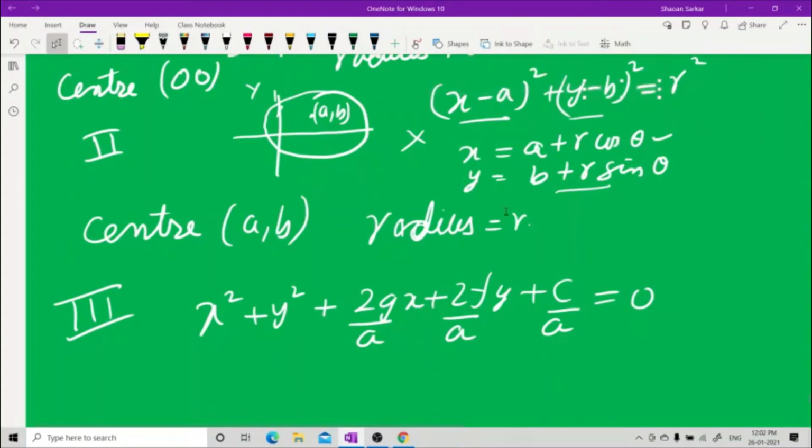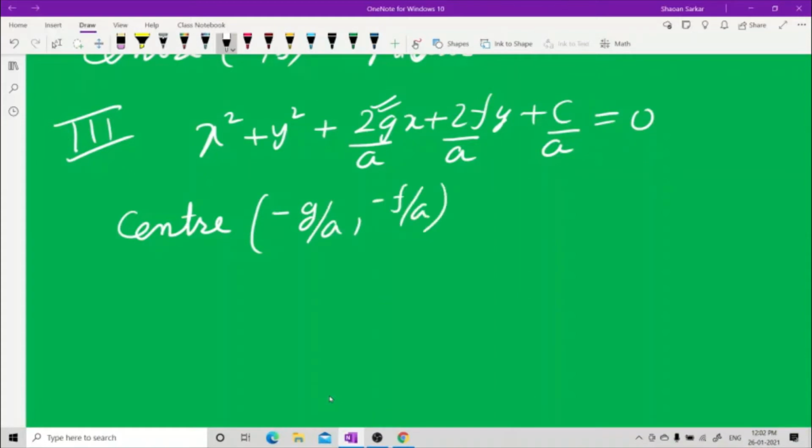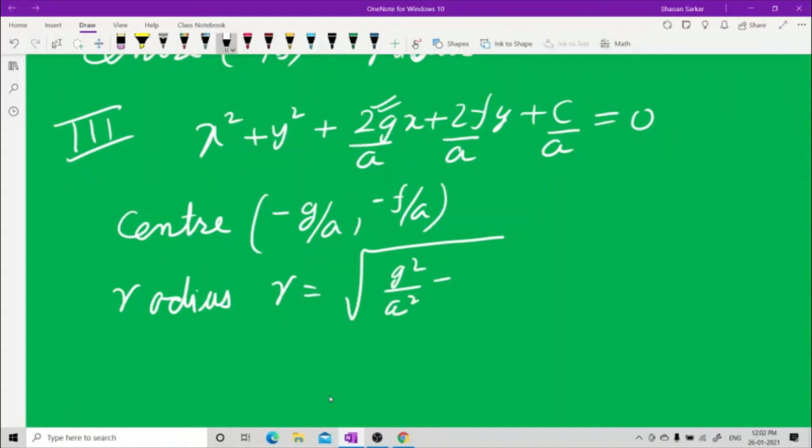Now see, the center of the circle is minus g by a, minus f by a, and the radius r is under root of g square by a square plus f square by a square minus c by a.